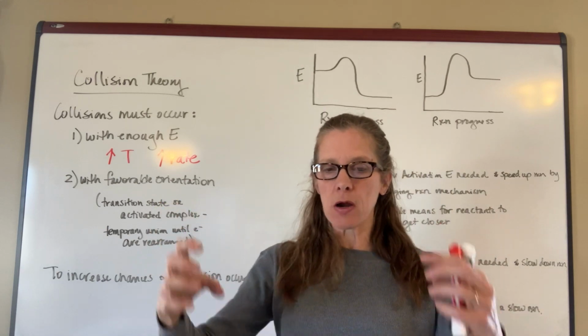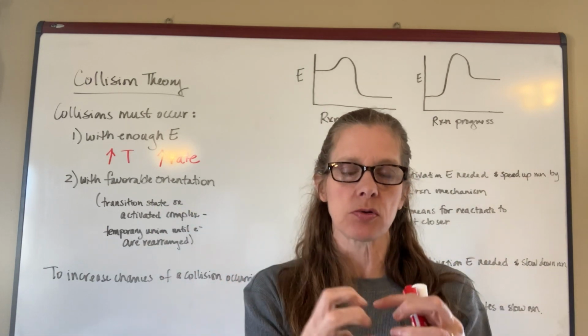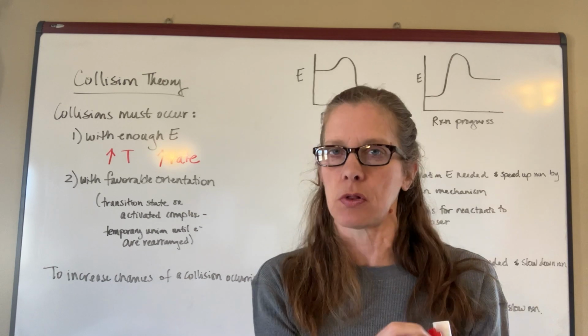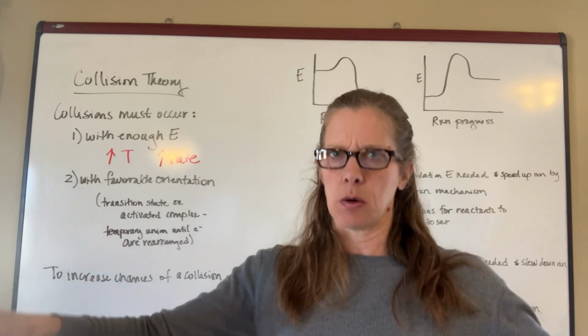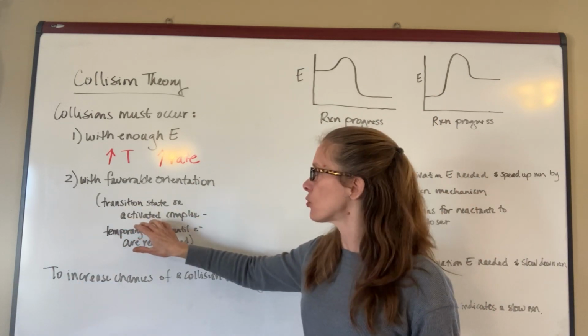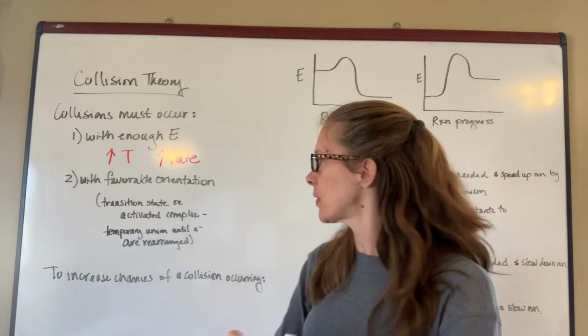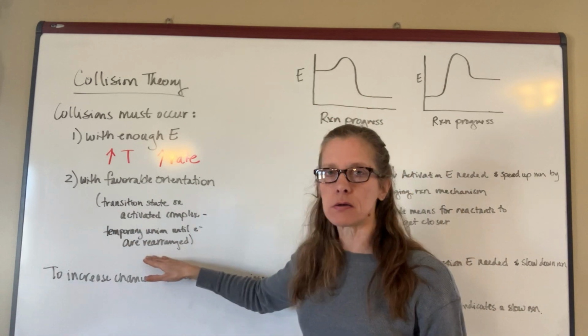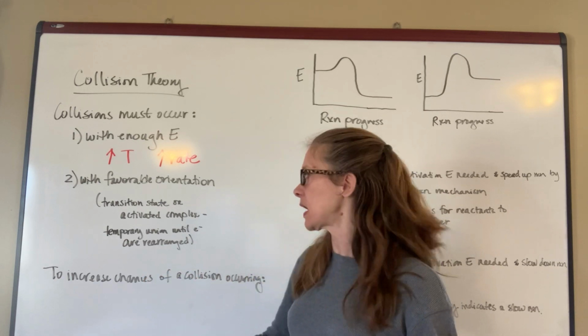That temporary union of the two reactant molecules, where they're just temporarily stuck together until they get all their electrons sorted out, and then they say, okay, you take these, I'll take these, now we'll go our separate ways, is called a transition state or an activated complex. It's very temporary, just until they get their electrons rearranged and sorted out, and then they will separate.